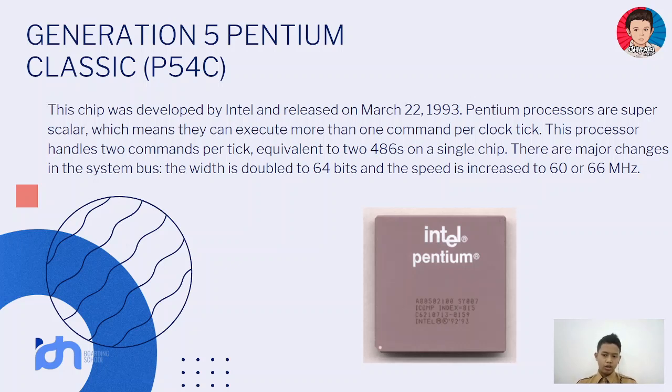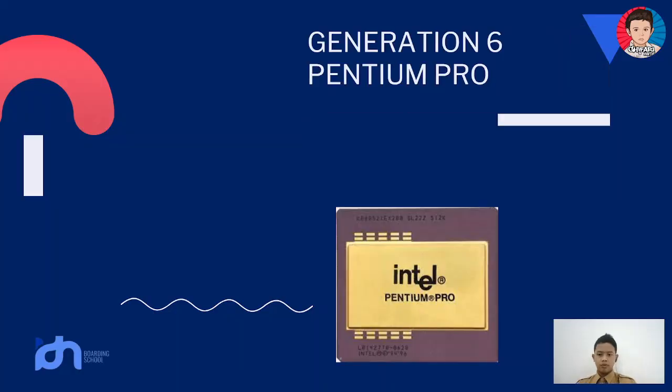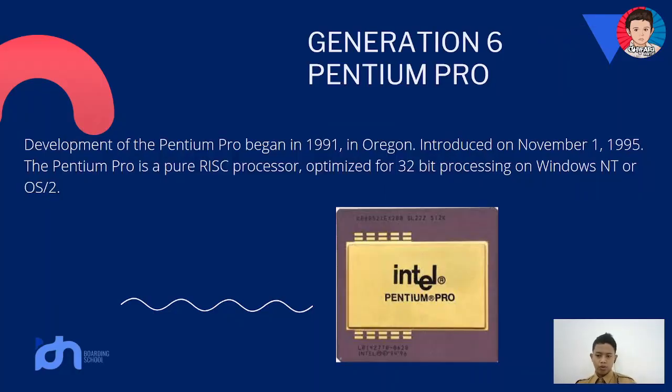This processor handles 2 commands per tick, equivalent to 486s on a single chip. There are major changes in the system bus. The width is doubled to 64 bits and the speed is increased to 60 or 66 MHz.